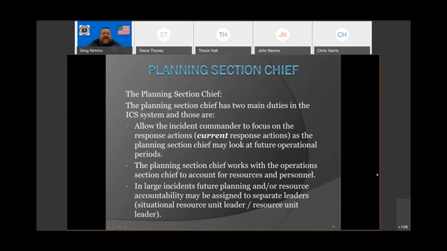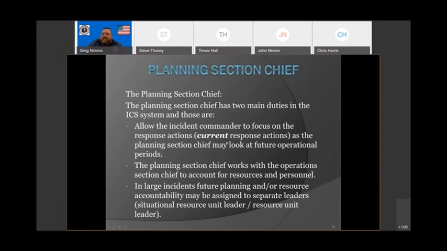But again, looking to the future and being able to track those resources, like in that wildland fire I just talked about, it was a huge task. Quite honestly, in that scenario, it was so large an area that we were depending on individual engine people to have the accountability. They reported, of course, before they left, that they had all the troops accounted for, nobody missing. So that's planning section.